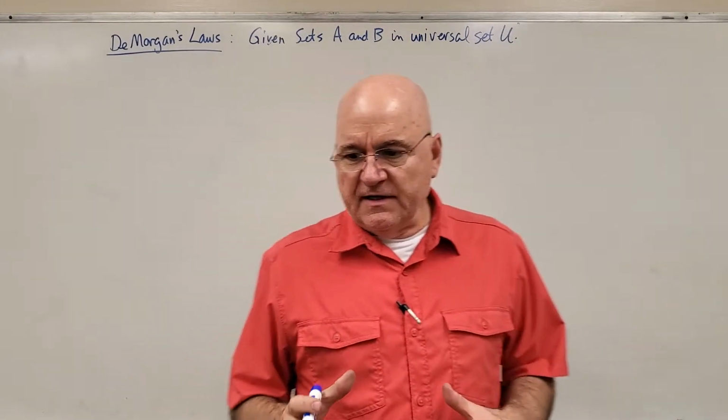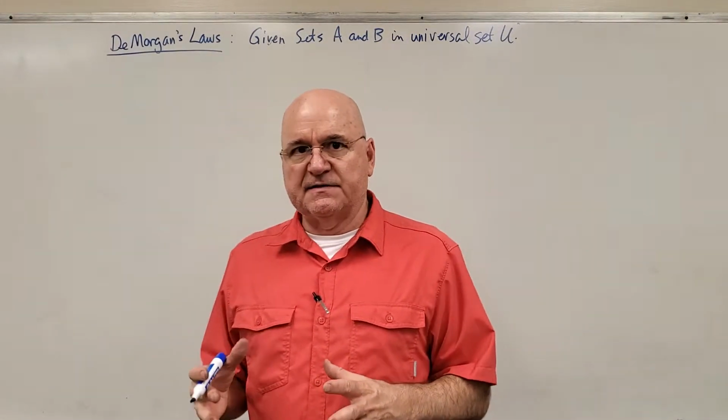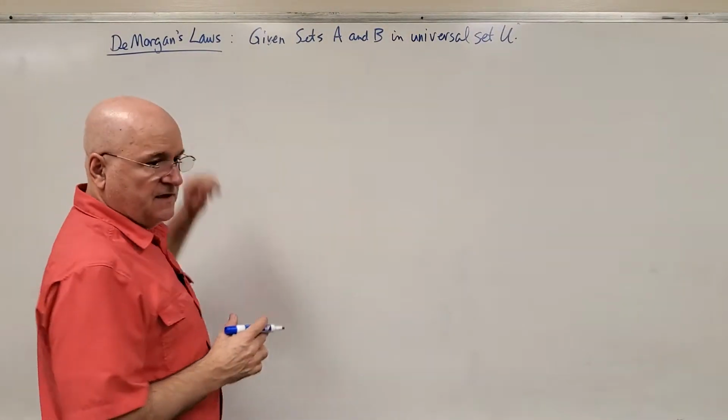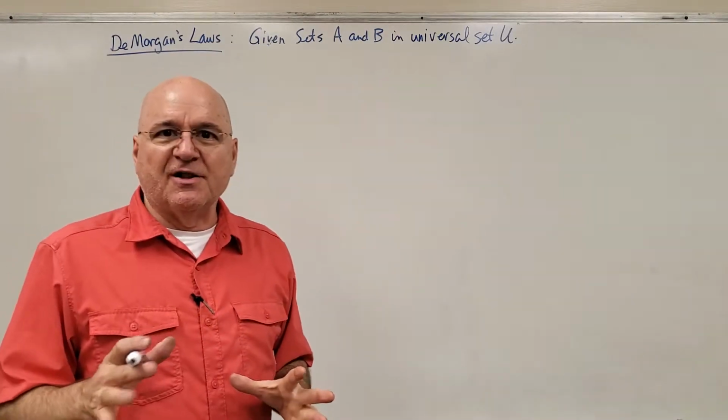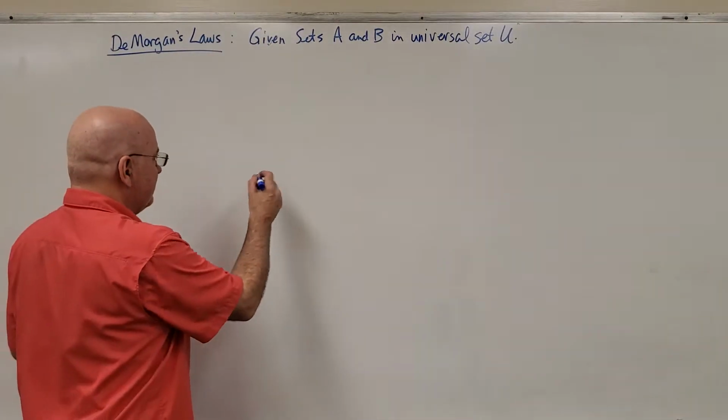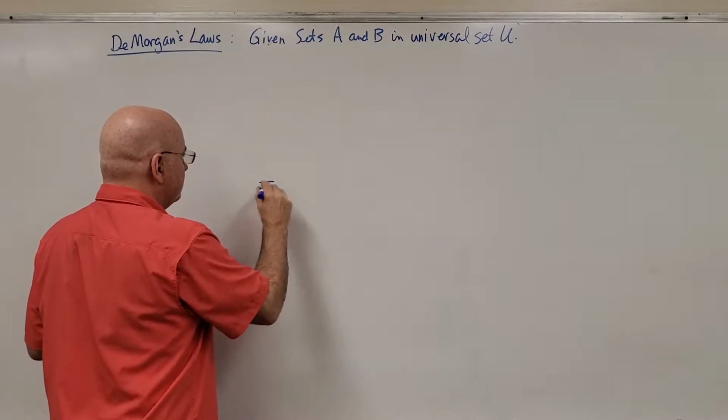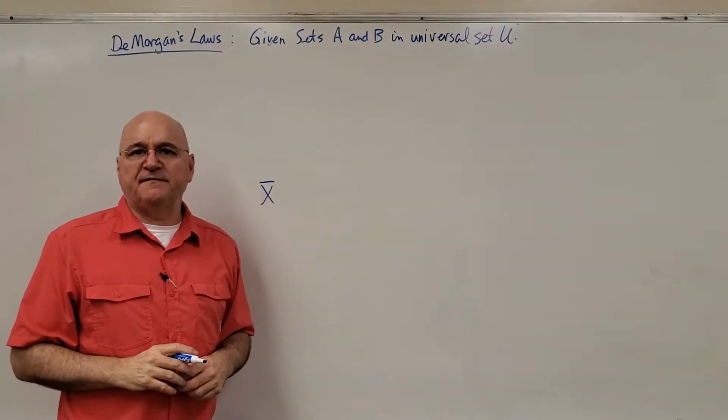Now, before we talk about another theorem about sets called De Morgan's laws, there's some terminology we need to hit. I don't think that I have defined the complement of a set.